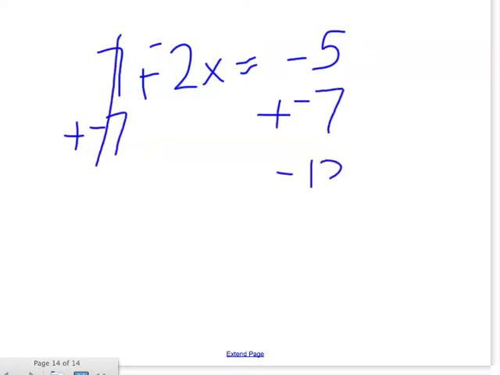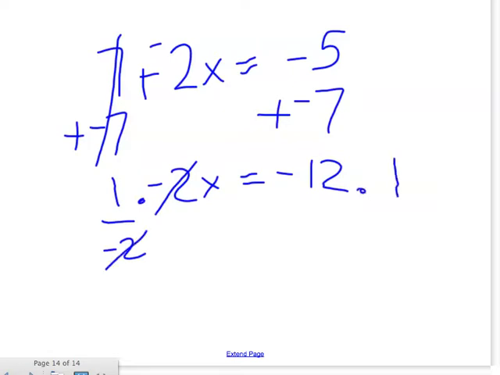So I have negative 12 equals negative 2x. Now I'm going to do the reciprocal, 1 over negative 2. So those cancel out. Those negatives are going to cancel out, and I get 6. The negatives are probably the biggest thing people forget or mess up on. Just watch out for those negatives. Don't forget about them. Double check them.